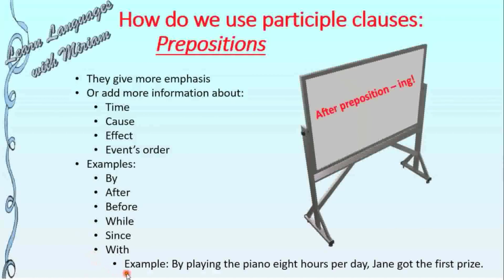I'll give you one example, with by. By playing the piano 8 hours per day, Jane got the first prize. Keep in mind that after a preposition we use -ing.